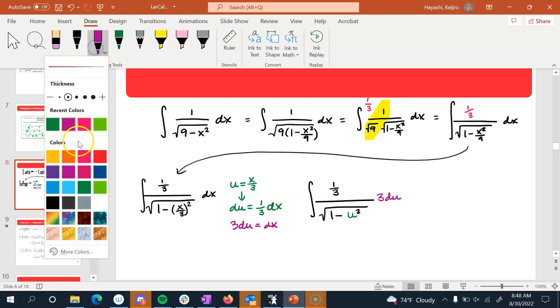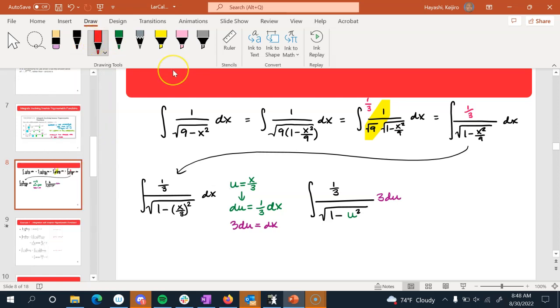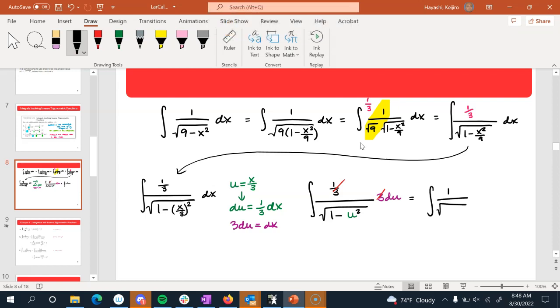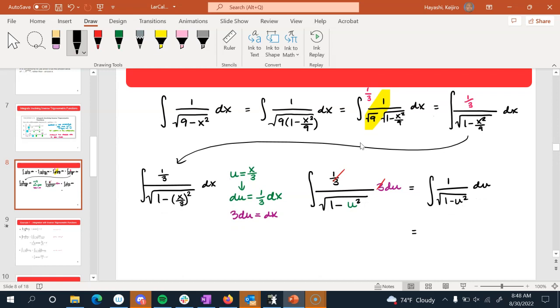And pretty clearly that is going to... So you have the integral of 1 over square root of 1 minus u squared du, which is the arc sine of u plus c.